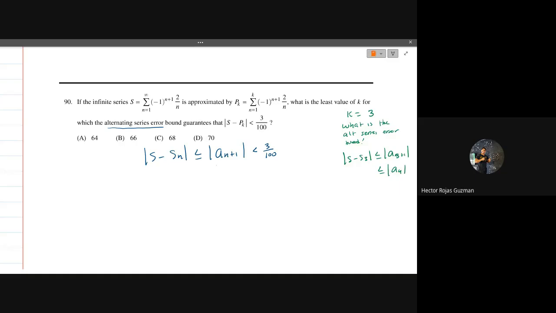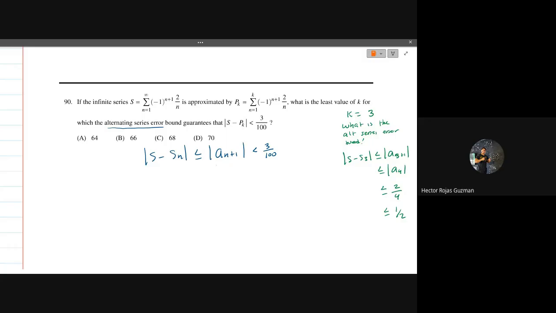And if I'm using the 4th term, I would go to my series and I would plug in the 4 into the n. 2/4. I can ignore the -1 because I have an absolute value. So 2/4, which is less than 1/2. That would be my alternating series error bound. I would be off by less than a half.